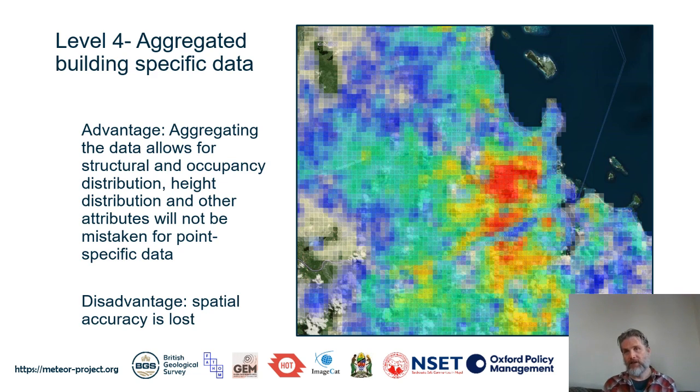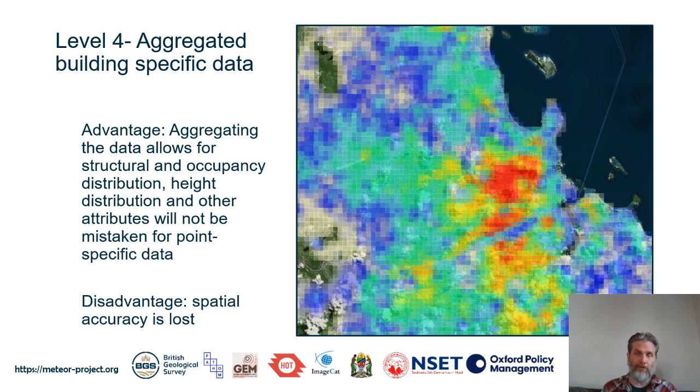So say, for example, if you have OSM data that's complete for a given region, say this region, which is Dar es Salaam, you could use that building footprint data to come up with an estimate of the number of buildings and the square footage. But the OSM data might not have complete information about the number of stories.